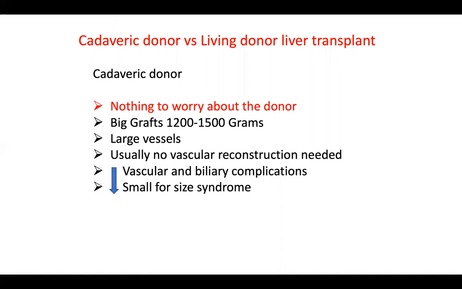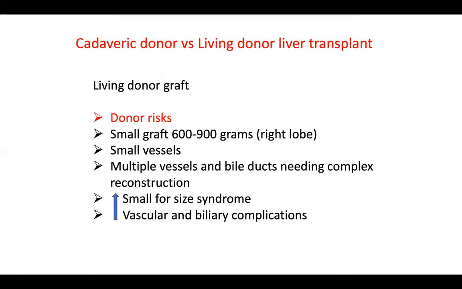The most important thing about cadaveric donor liver transplant is that there's nothing to worry about for the donor. The graft is big, the vessels are large, usually no extravascular reconstructions are required, and therefore there are lesser chances of vascular and biliary complications, and lesser chances of small for size syndrome.